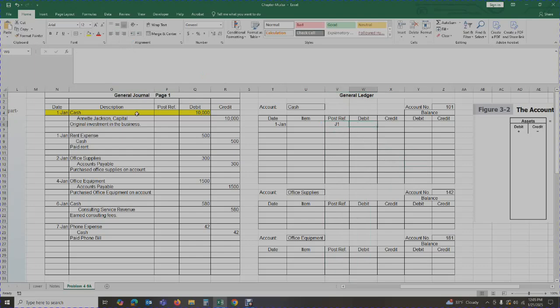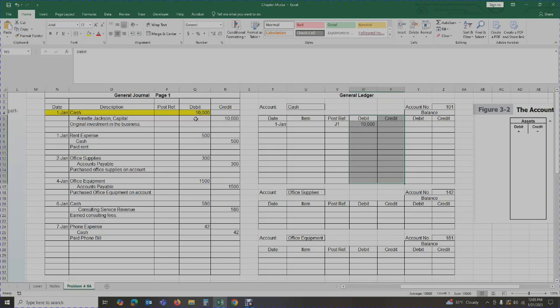Now you're going to transfer the transaction. I have a debit of $10,000. Let me go ahead and format this with commas. Now the first 2 columns here are used to enter the original transaction of the journal.